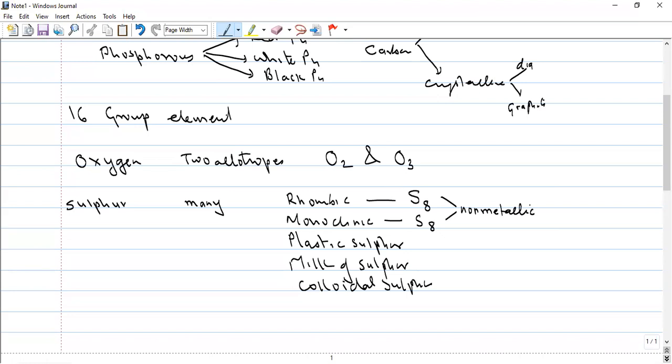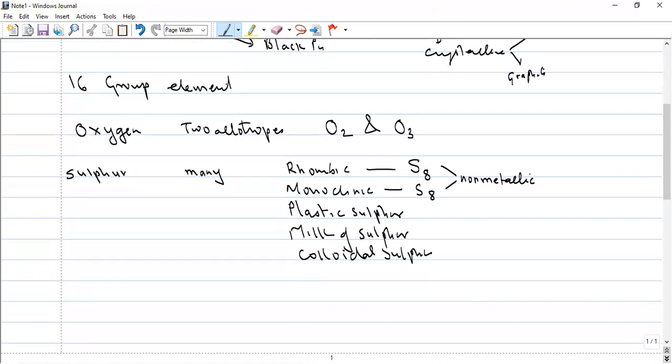Then comes selenium. Selenium has two forms, two allotropes.